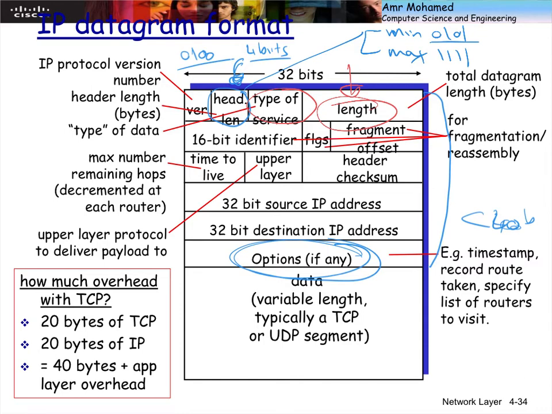And there is a lot of lessons learned. Identifier, flag, fragment offset: all of these three are being used for fragmentation and reassembly. Those three fields are used for fragmentation and reassembly.